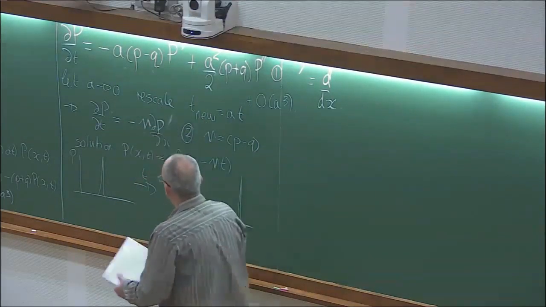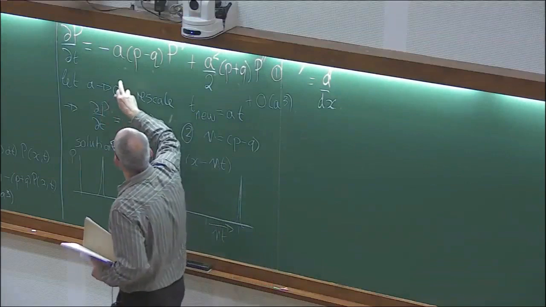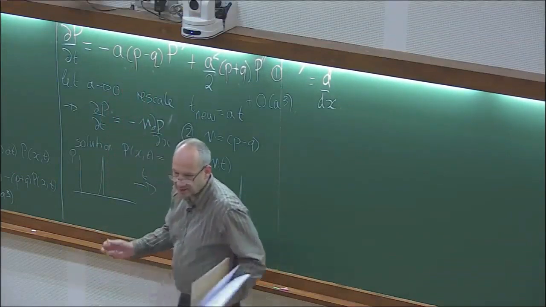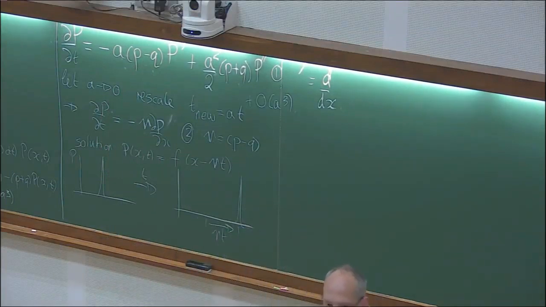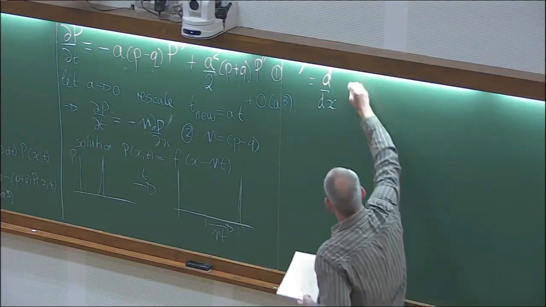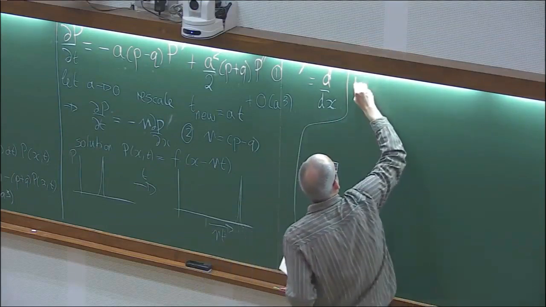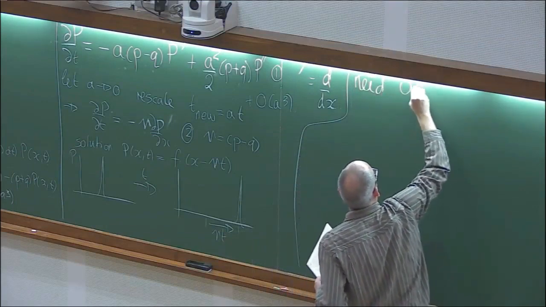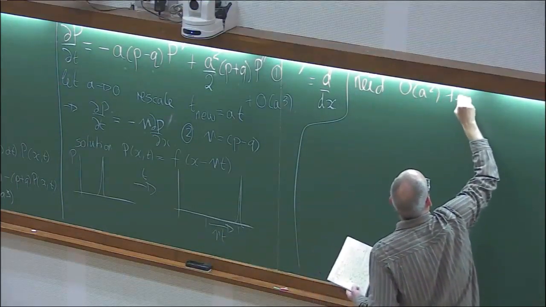So I have to instead define an a goes to 0 limit where p minus q also goes to 0, and that's the gain. So there's a little subtle point. I have to have a special limit where p minus q, the drift velocity, also goes to 0 with a. So let me do that. The idea was, I need the order a squared term, which, as we'll see, is the diffusive term.